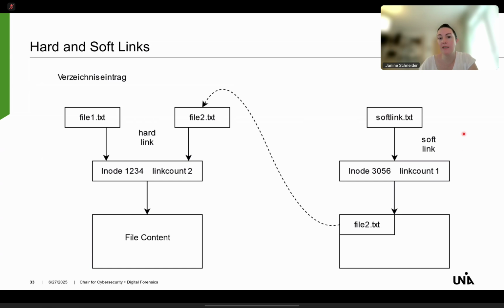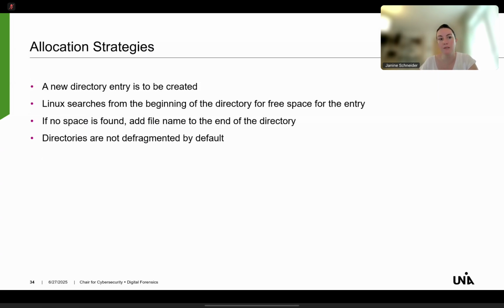And then we can have an additional soft link to that file again, which can be used to have a link that works across several file systems. Okay, that's basically it.